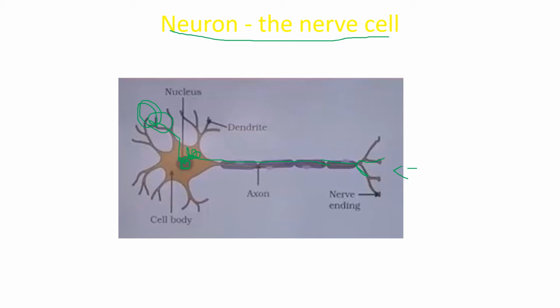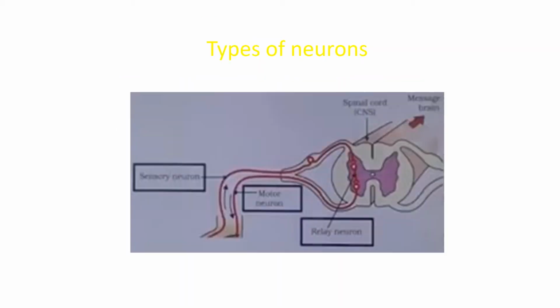Now we will learn the types of neurons. See, there are three types of neurons. One is the sensory neuron, another one is the motor neuron, and another one is the relay neuron. What is a sensory neuron? The sense which goes from the neuron to the spinal cord and from the spinal cord to the brain is called a sensory neuron.